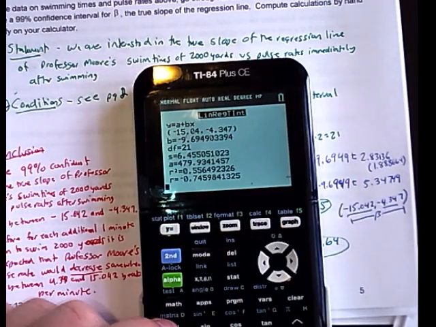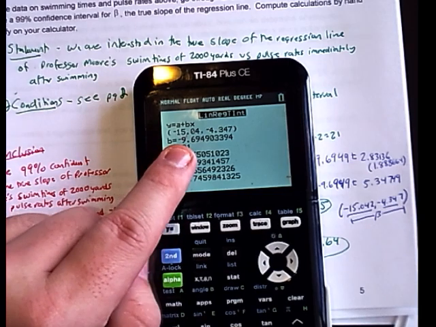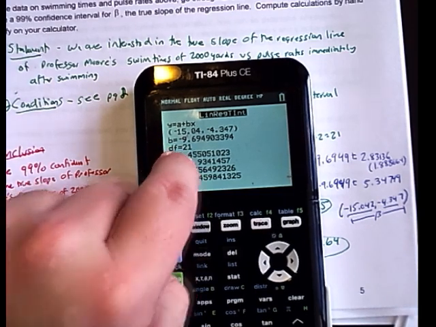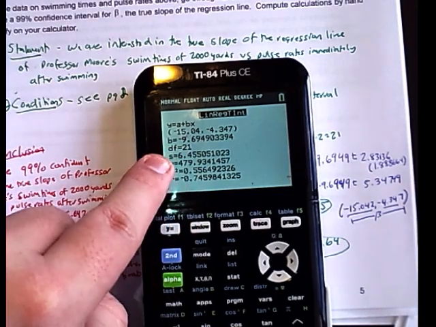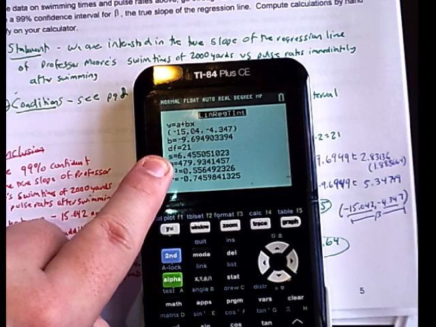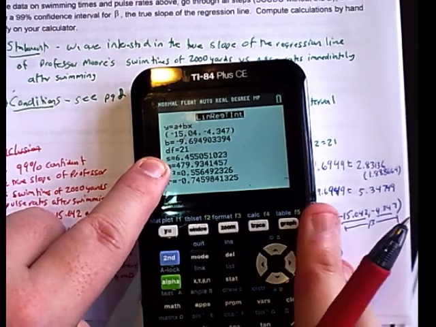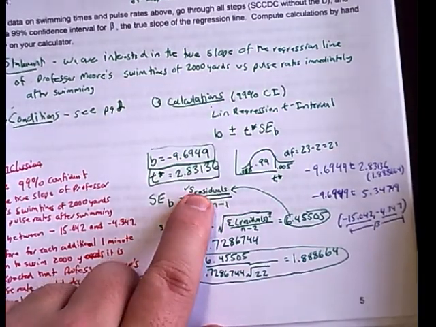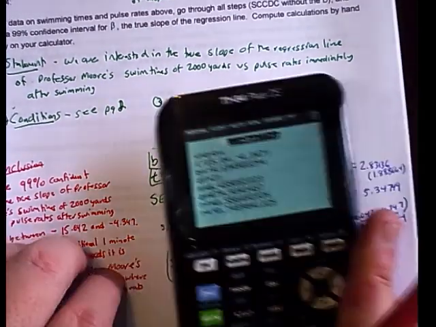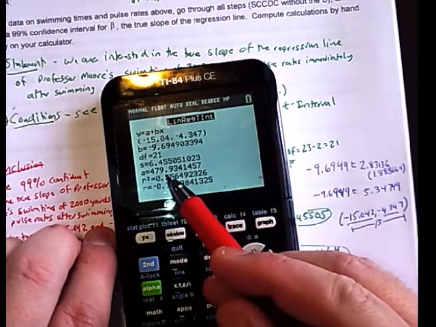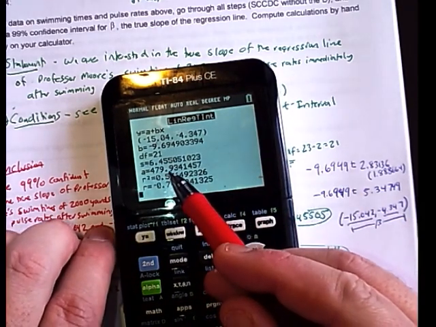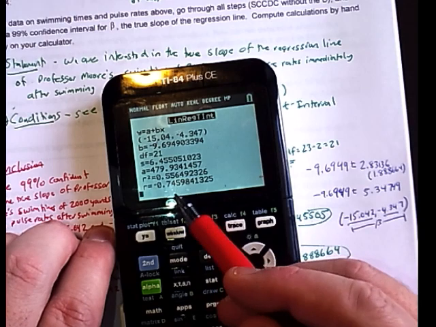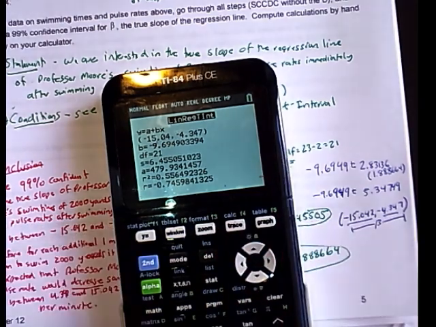It gives you the sample slope, the degrees of freedom, and the standard deviation of the residuals. This S right here is coming from that. It gives you the sample y-intercept, the coefficient of determination, and the correlation coefficient. It gives you all that stuff.